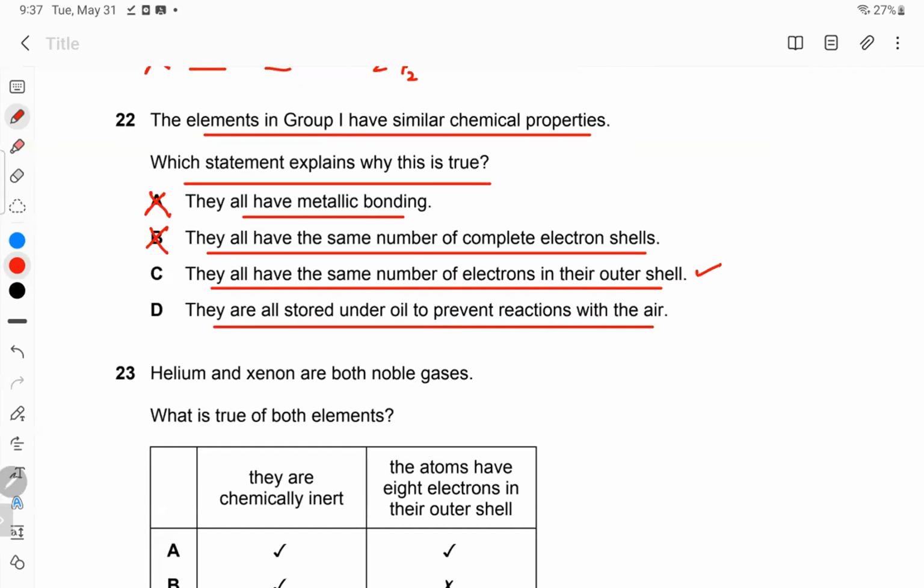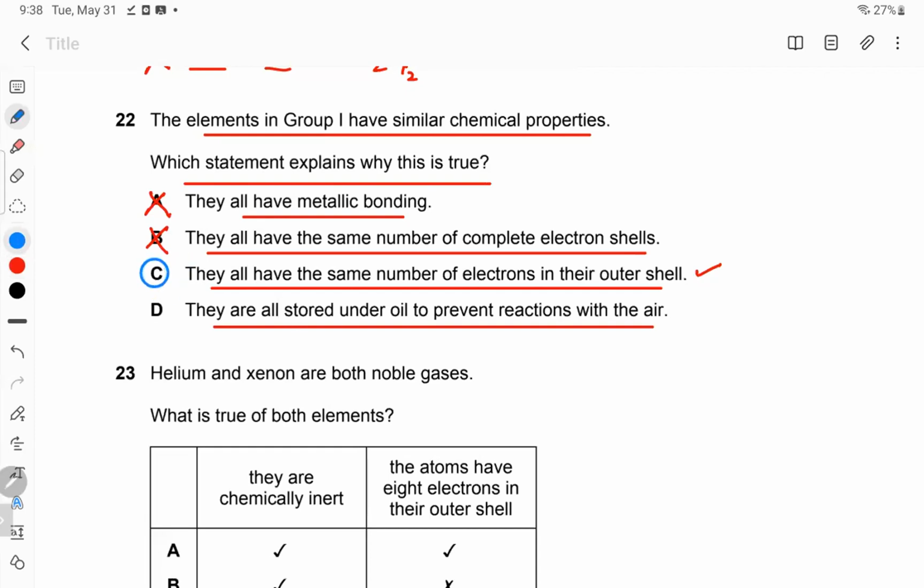So they all have the same number of electrons in their outer shell. They are all stored under oil to prevent reaction with air. C. Yes, C is correct because, due to the same number of outer shell electrons, they have the same properties.